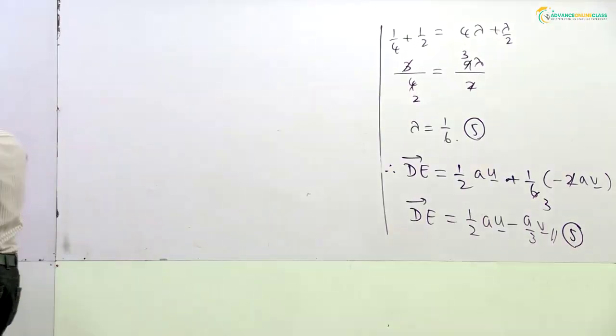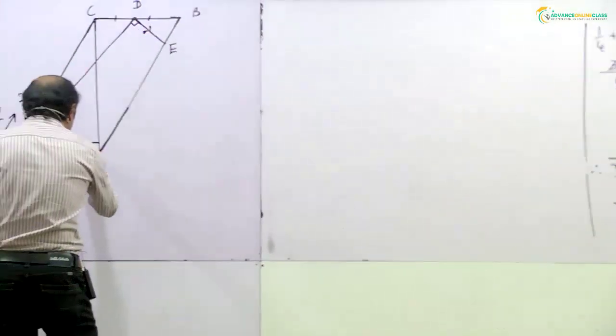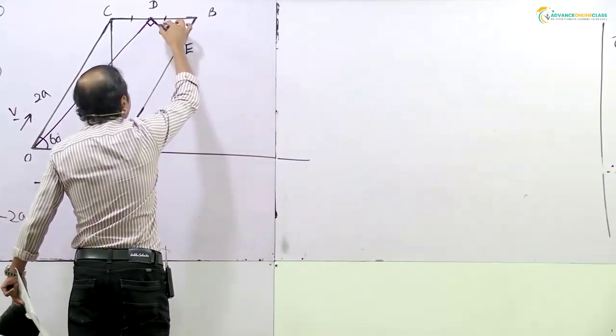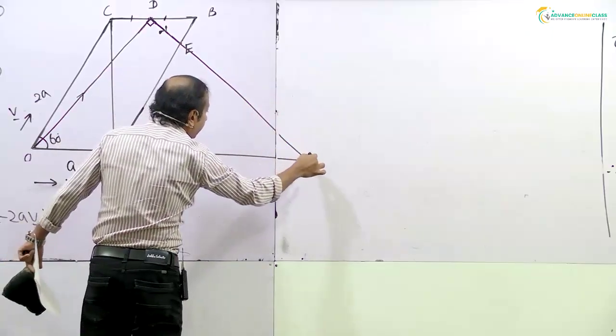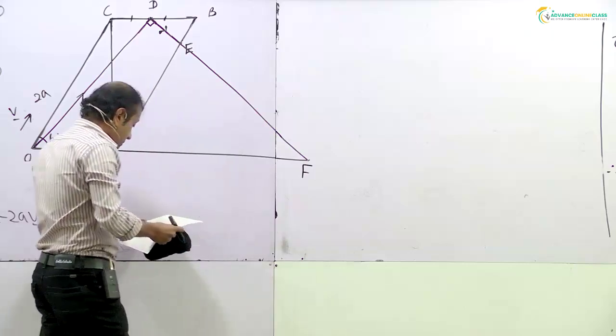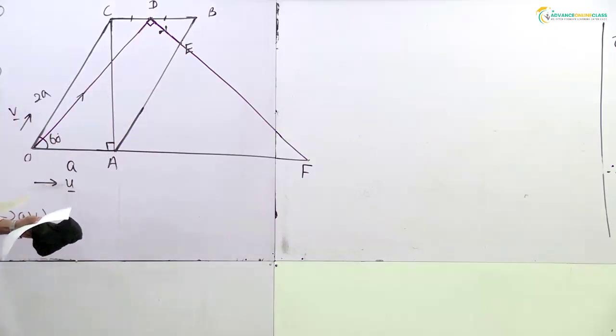Okay, now OA is extended and DE is extended. We are given they meet at F. Okay, asking what OA.